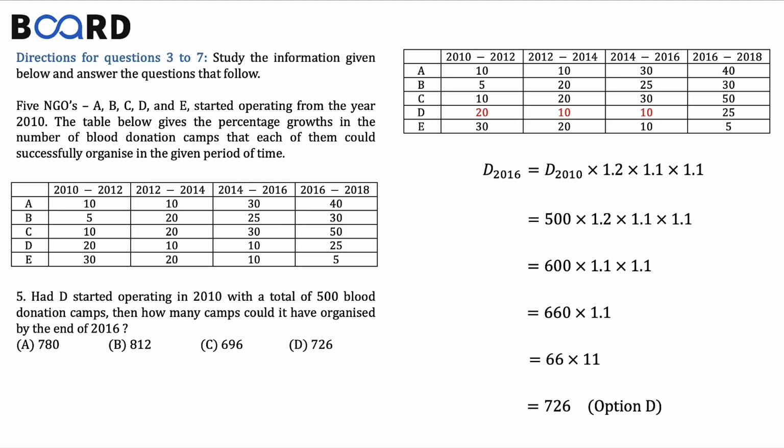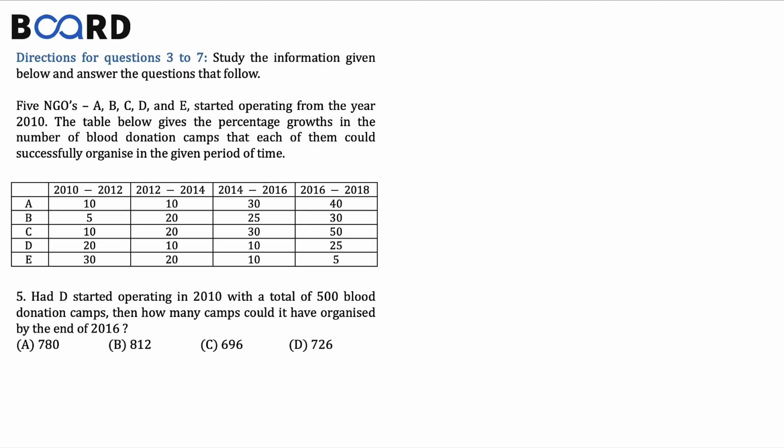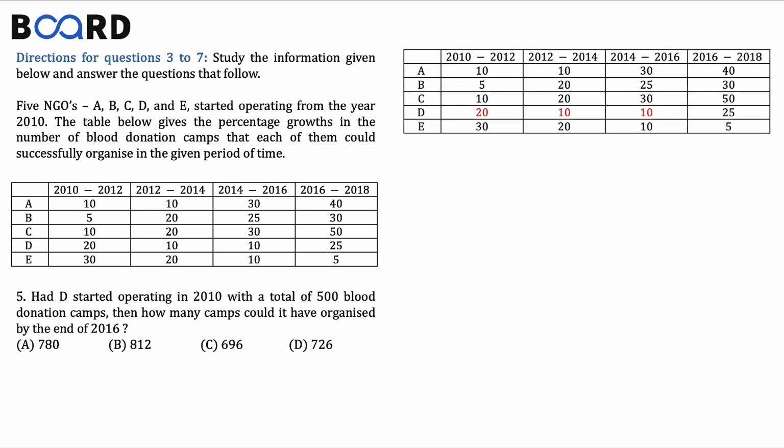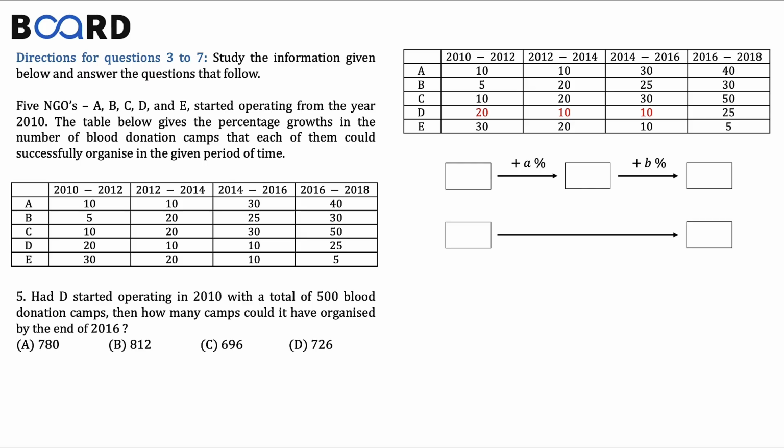Now, if I do not use the multiplying factor here, if I solve it in a different way, what can I do? We know that when a particular value increases by 20% and then further increases by 10%, we can use the formula A plus B plus AB by 100, right? So if the value first increases by A% and then by B%, overall the increase will be A plus B plus AB by 100 percent.